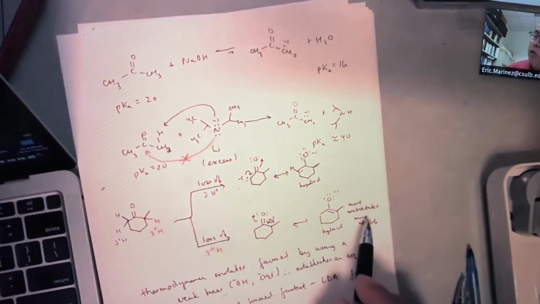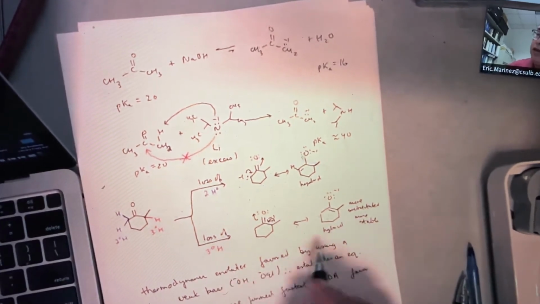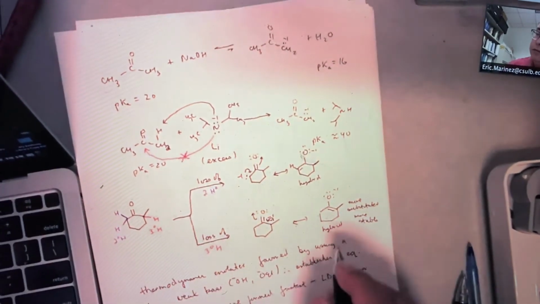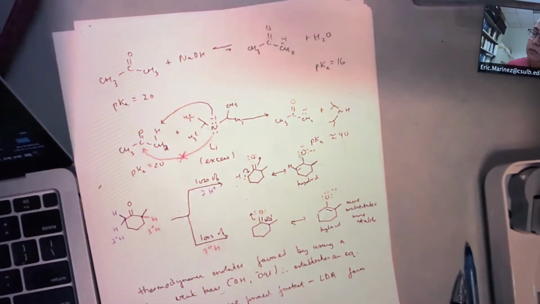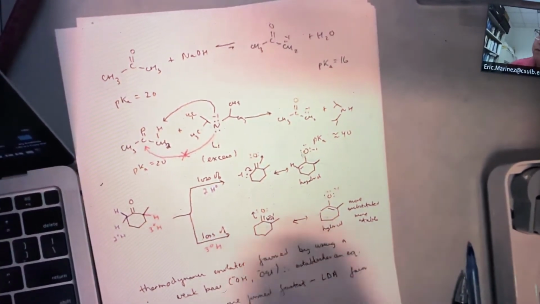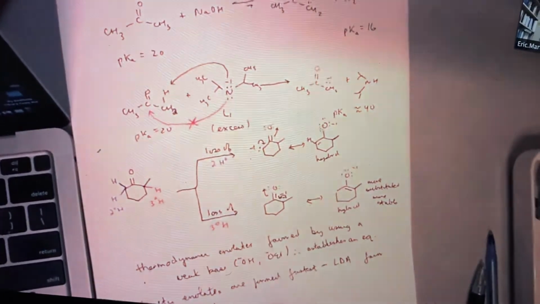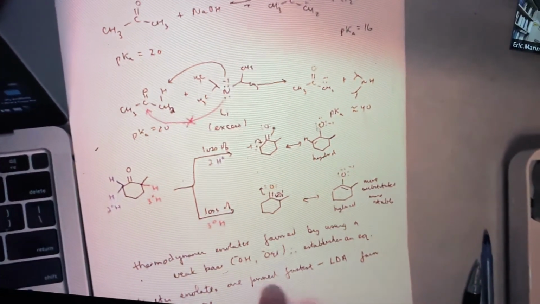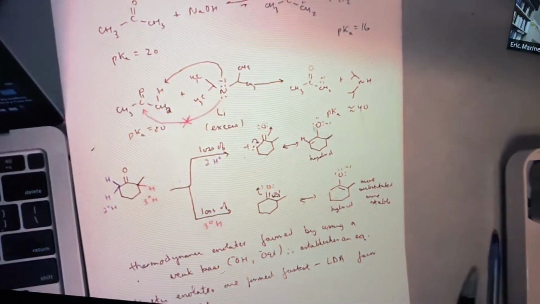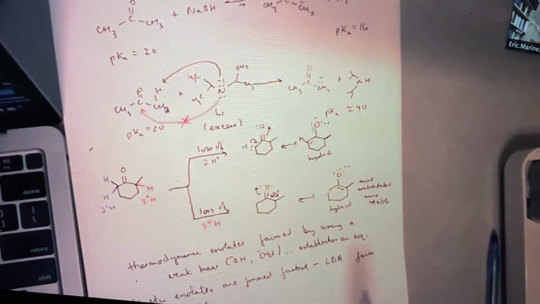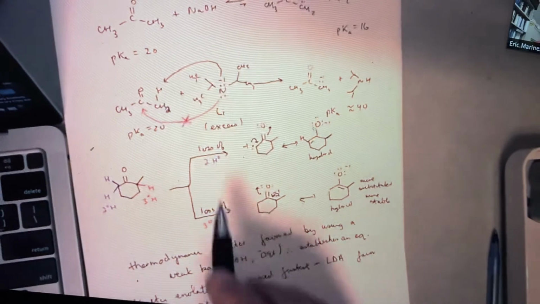So if this is more stable, this should be the thermodynamic enolate. On the other hand, the kinetic enolates form fastest. Well, if you consider that aldehyde, we talked about it, is bulky. It's sterically hindered.